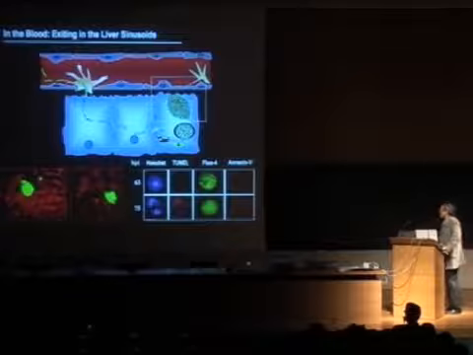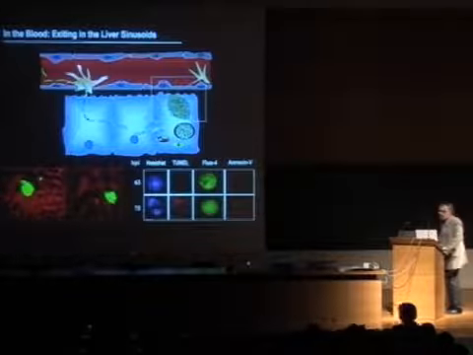So the whole process, obviously, is a process of immune escape. The parasite remains freely unseen by the macrophages, and obviously the liver sinusoids are full of macrophages that we call Kupffer cells.